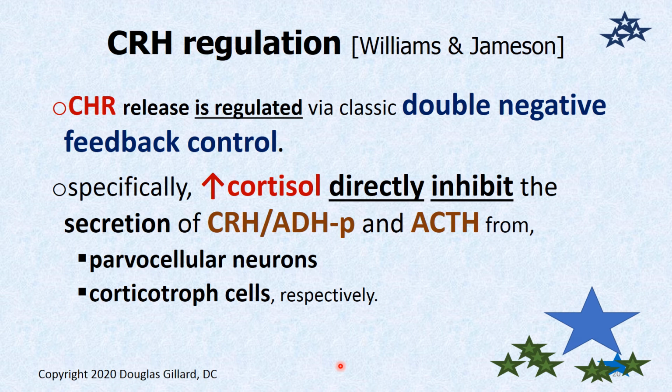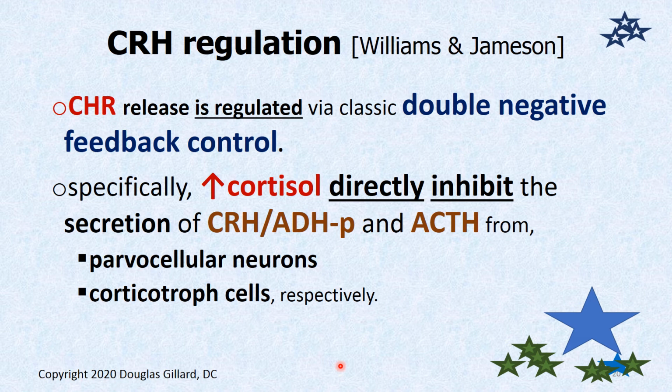How is CRH regulated? Well, that's easy. We just said that already. It's that cortisol double negative feedback system that we've talked a couple times about. So the increased cortisol will directly bind to parvocellular neurons and shut them off, so they don't make CRH or ADH-p.